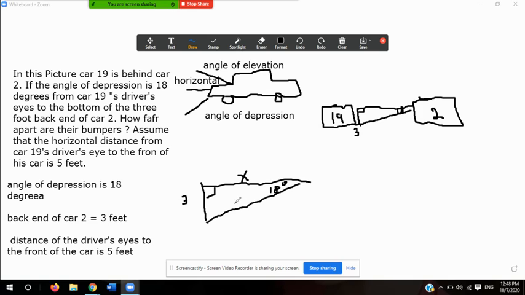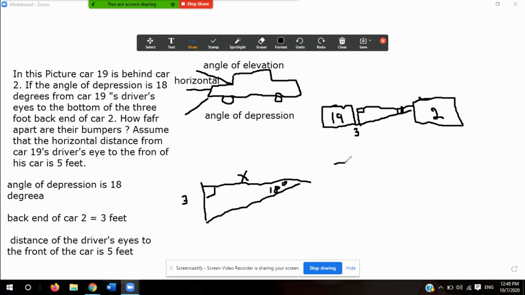To find the horizontal, I have 3 feet and 18 degrees, and I'm missing the horizontal side. The horizontal is adjacent to the 18 degrees and the 3 is opposite. Opposite over adjacent means tangent.